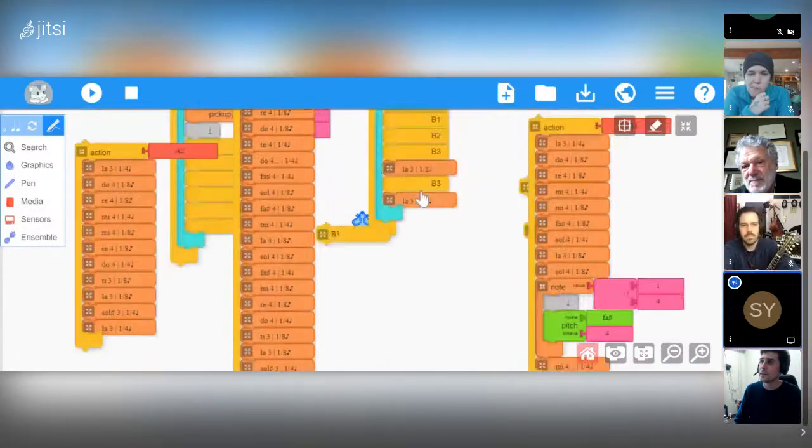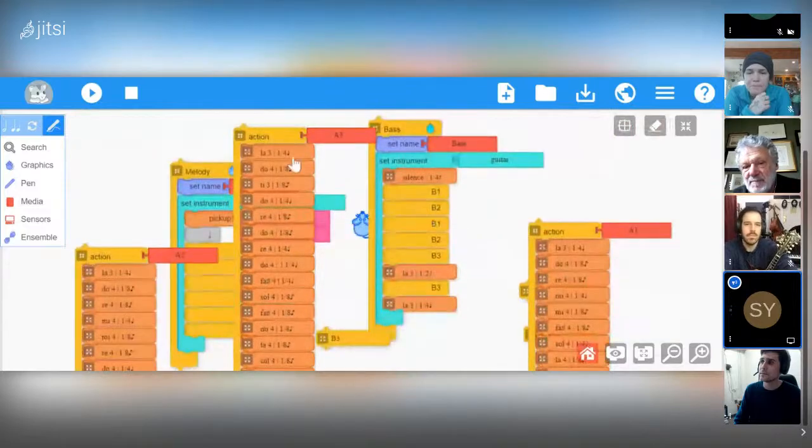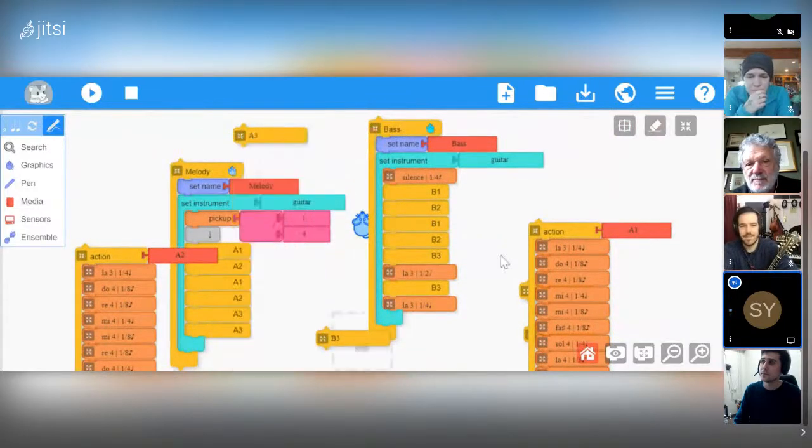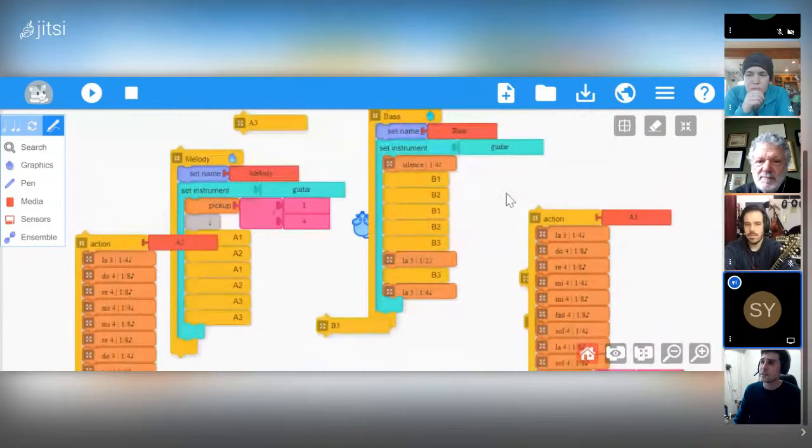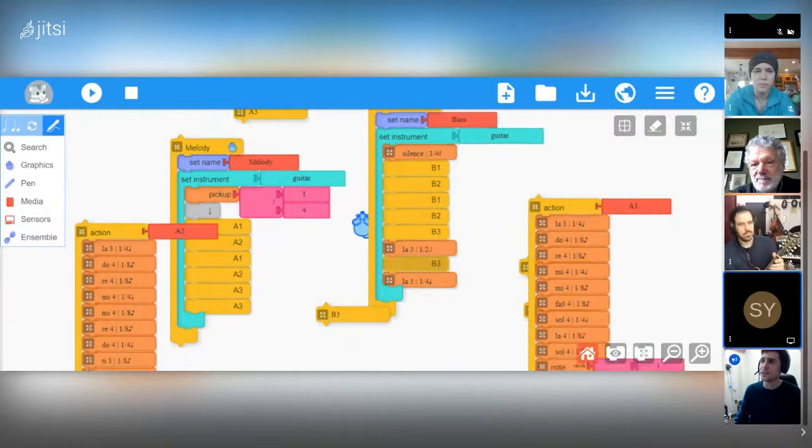These are the lines. These are the notes in it. There's a first and second ending, I think that's what you're saying.